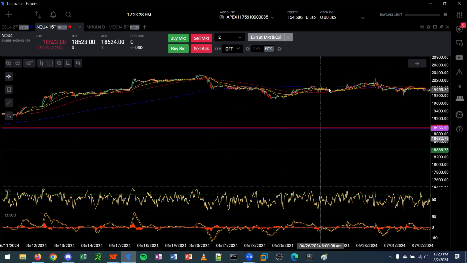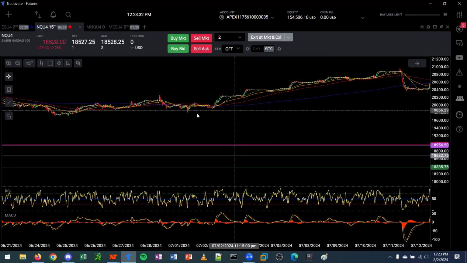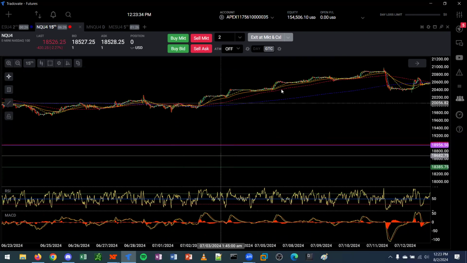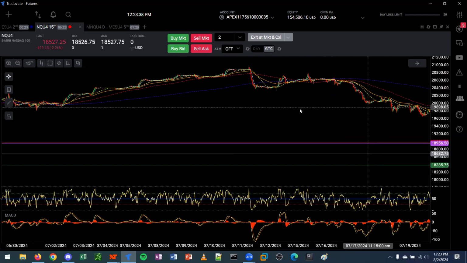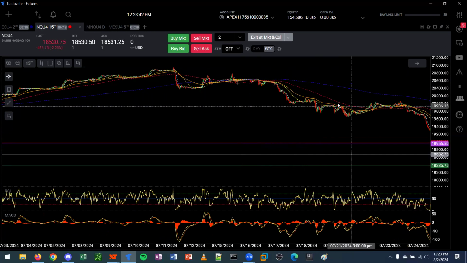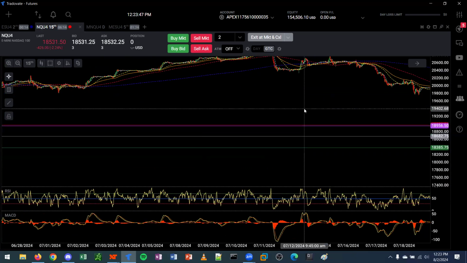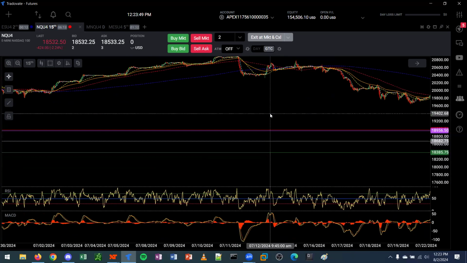And then sideways chop. And now the 200 crosses above the 666. What are we in? Uptrend. And now this way, it's below. So now what are we in? Downtrend. That's a 15-minute, but this goes for any time frame.